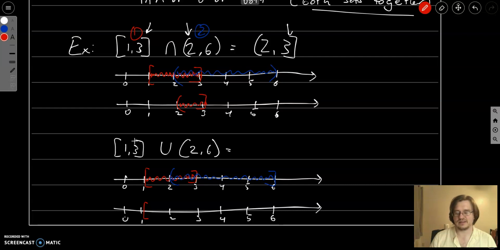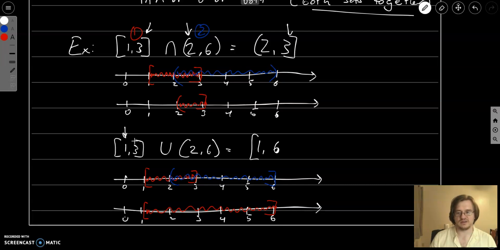It'll include all the numbers up to 6. If we're taking the union of these two sets, it'll include everything in both sets. So there it is. We're going from 1 up to 6, and again, we're including 1 because 1 is included in this set.